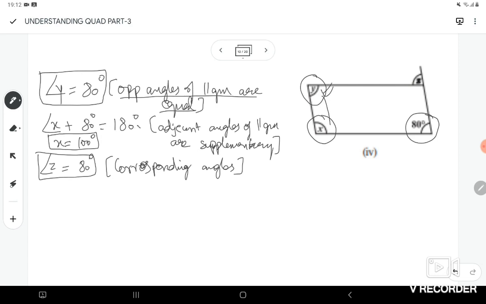So x plus 80 degrees, that is the value of y, equals 180 degrees, and x comes out to be 100 degrees. Also, as the given angle is 80 degrees, z would also be equal to 80 degrees because of corresponding angles on the same side of a transversal.